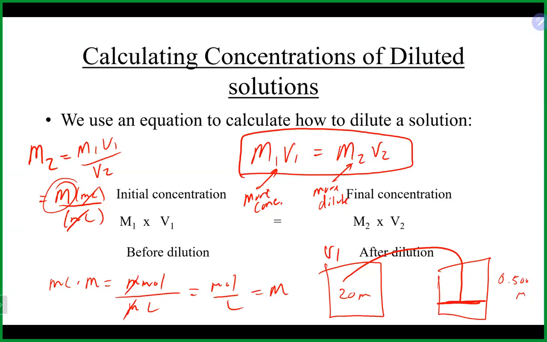V2 is our final volume, right? And the rest of the volume is, in a lot of cases, water that you're going to add to do that.